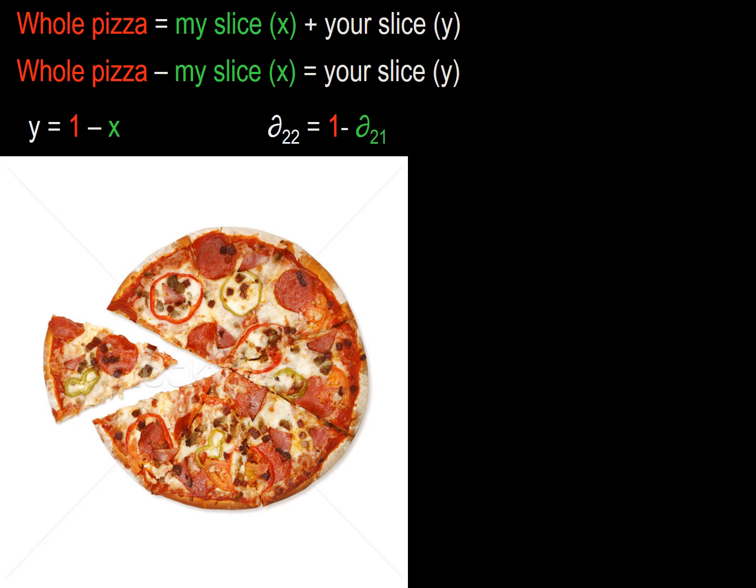Or your slice y is equal to the whole pizza, 1, minus x, which is my slice. Or in my variable choices, it would be theta 2,2 is equal to 1 minus theta 2,1. Okay? This needs to be understood and accepted before we proceed to the solution of the algebraic equations. And I think you would agree this is very obvious and intuitive.